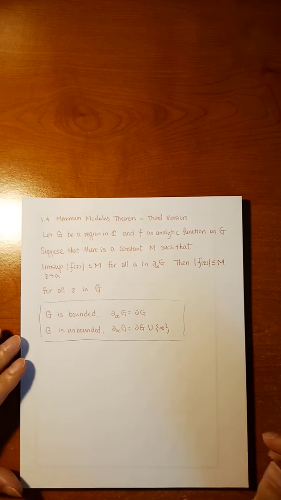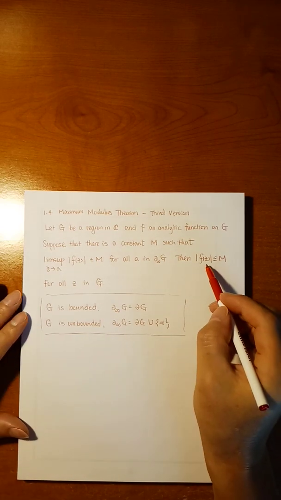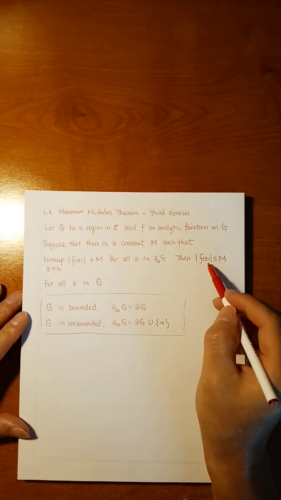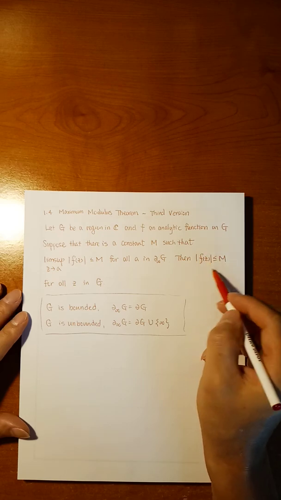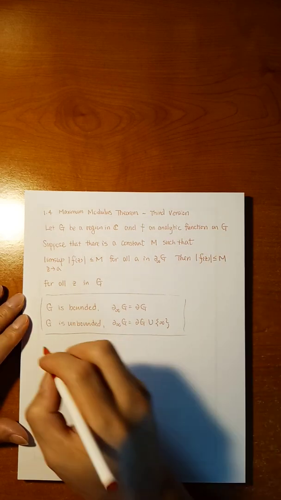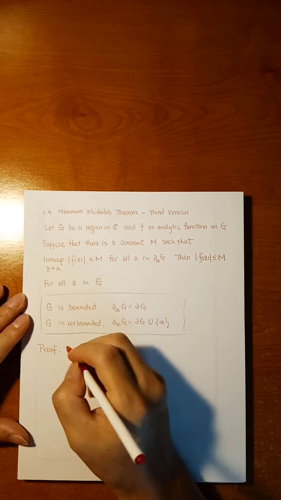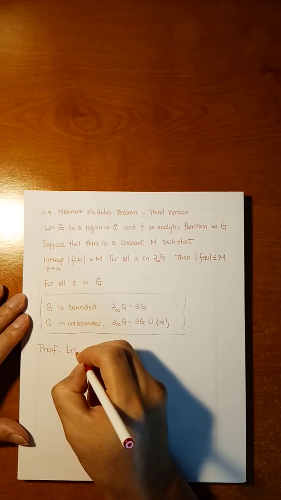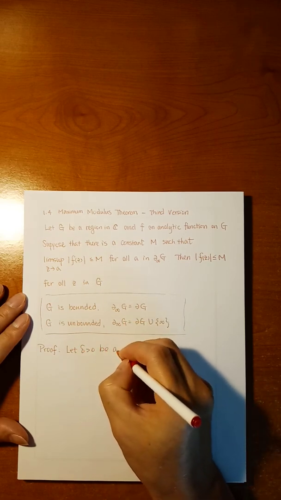Okay, now let's see how we prove it. We are not going to show directly that the absolute value of f of z is less than or equal to M. We are going to show that the complement is empty. So how do we show the complement is empty? Let delta greater than 0 be arbitrary.